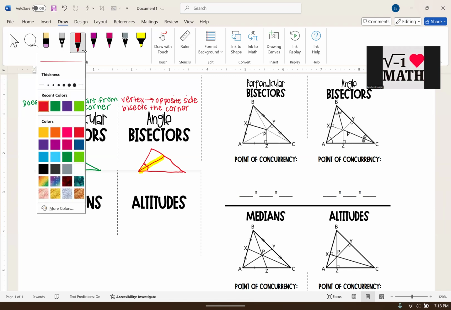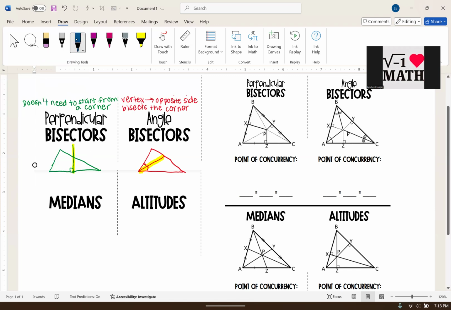Now two new words that we have not learned about yet. We have median. I'll draw another triangle. That was bad. Let me start over. A median goes from the vertex of the triangle, so one of the angles, to the midpoint of the opposite side. It's similar to a perpendicular bisector in that it's bisecting the opposite side.